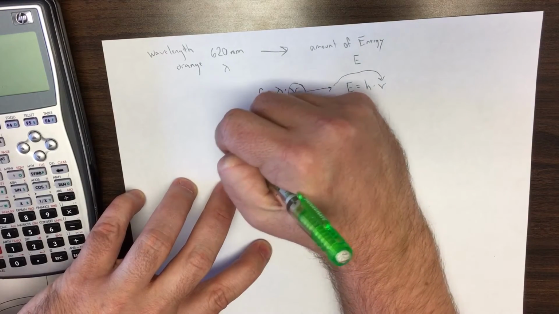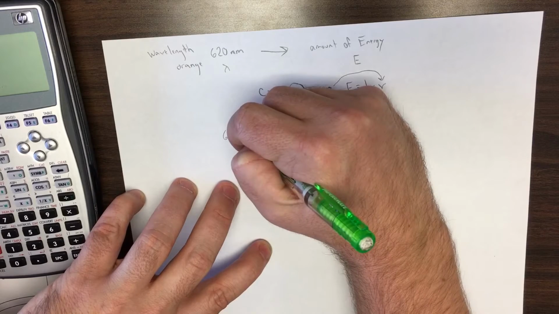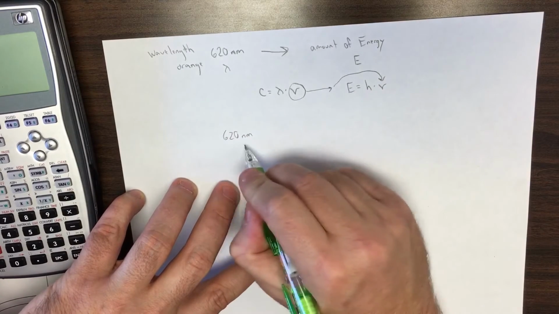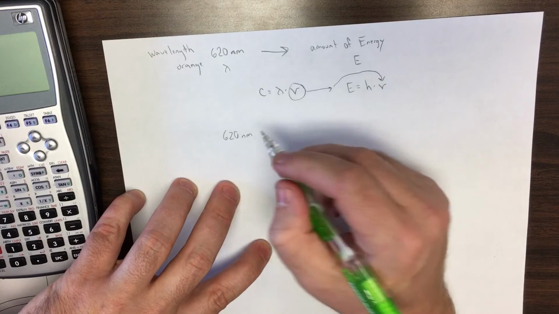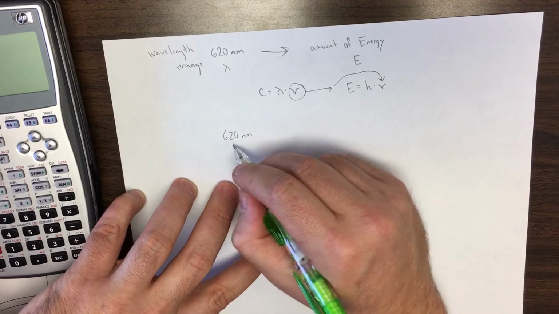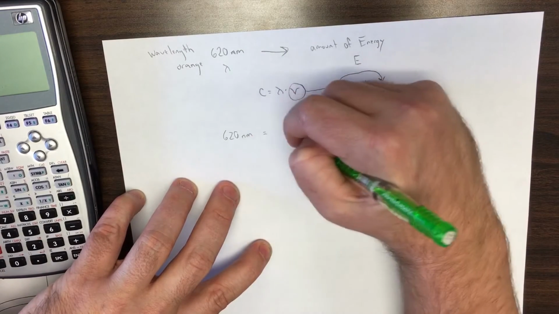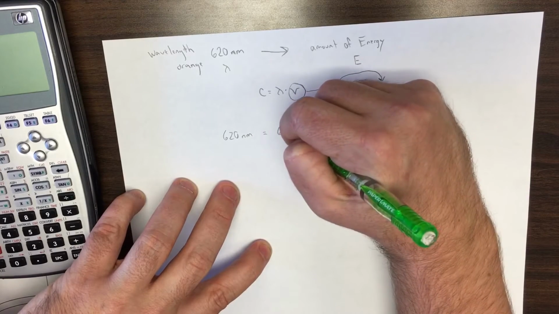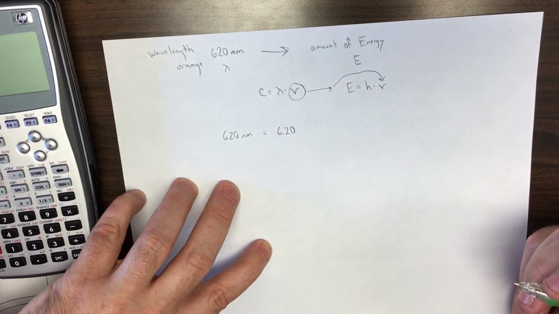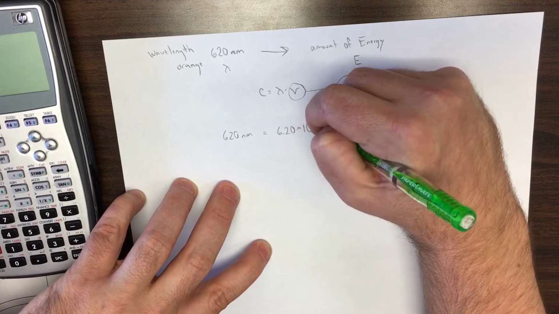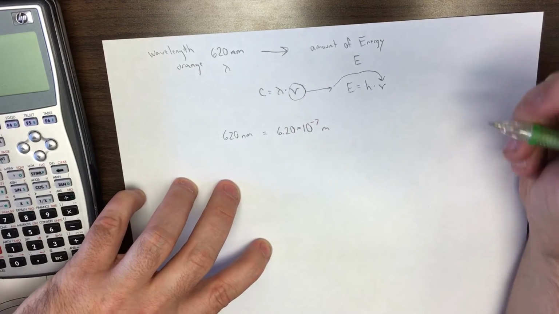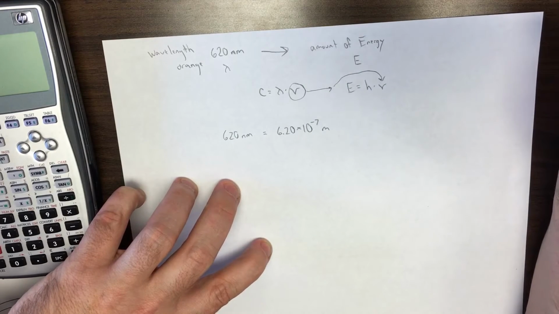Anytime it's a hundreds number of nanometers, so anything from 100 up to like 900, just put the decimal point in between there, so this equals 6.20, like what we've already done with scientific notation, times 10 to the negative 7th meters. And that's just a quick shortcut with that.